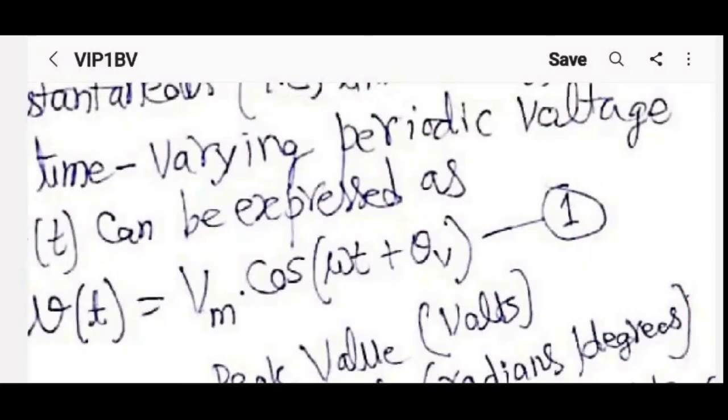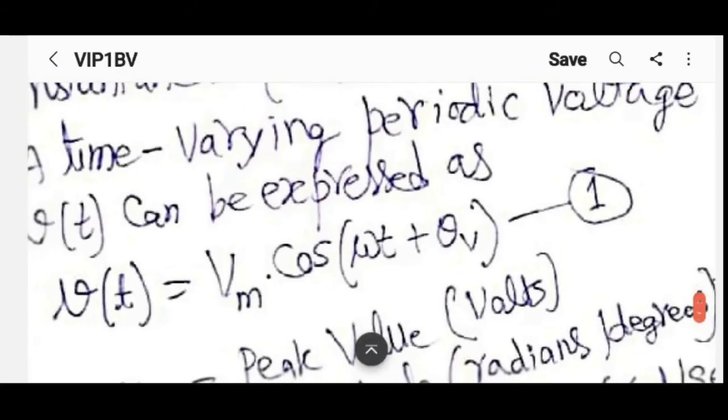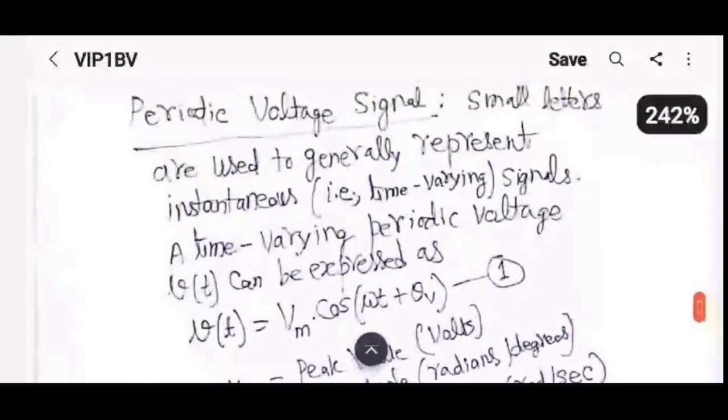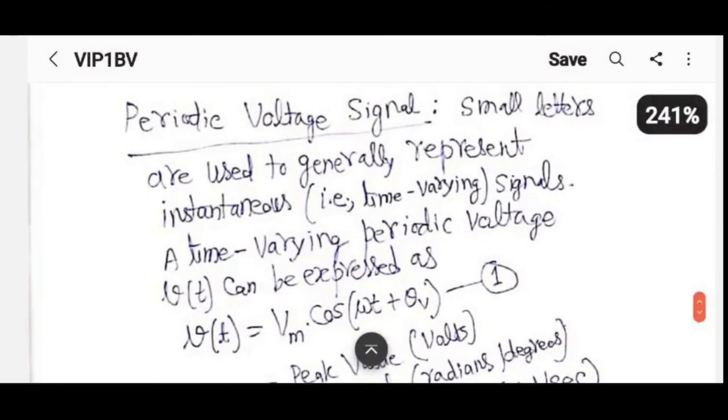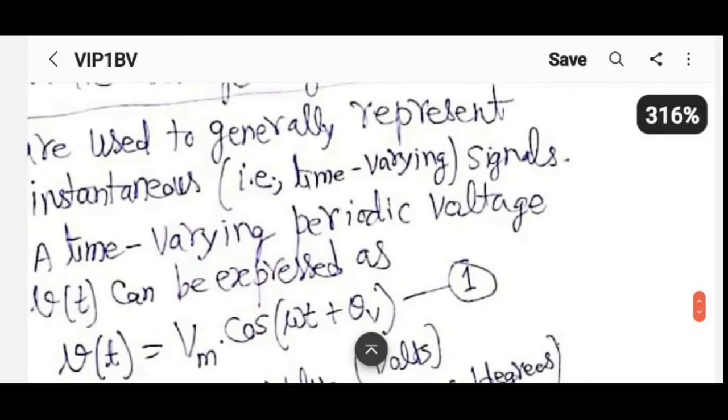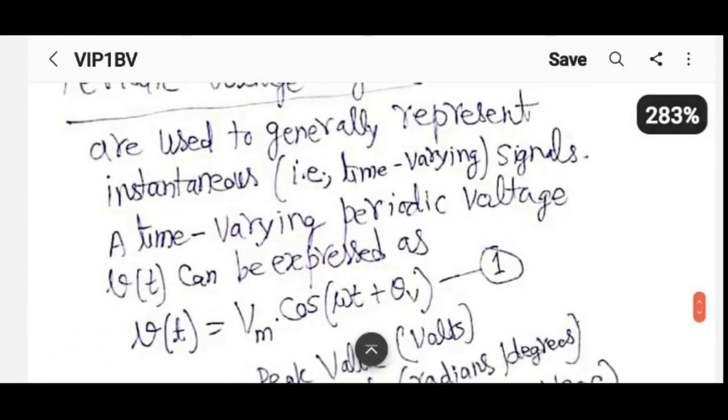Vm is supposed to be peak value or maximum value. Omega, I'm sure you know this already, is something called angular frequency. It is measured in radians per second. Theta v is the phase shift or phase angle of the signal. Small letters are used to generally represent instantaneous, that means time varying values of a signal.